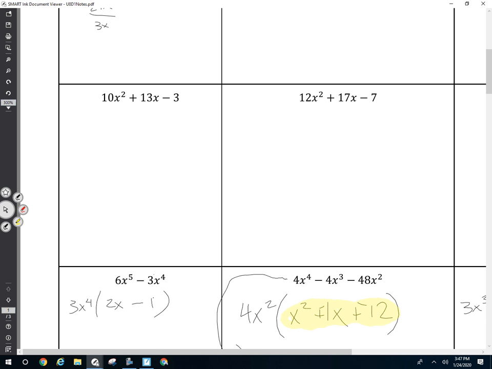Please go to the 10x squared plus the 13x minus the 3. There's no greatest common factor. It's an ax squared plus bx plus c. The a times c is negative 30. The b is 13. Find two numbers that multiply to get a times c and add to get b. Just go with me on this.